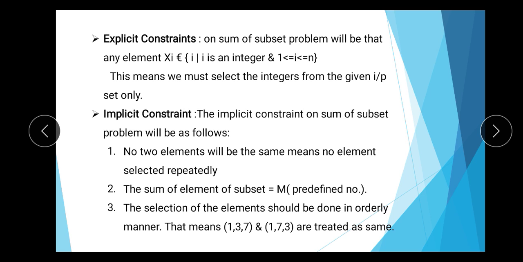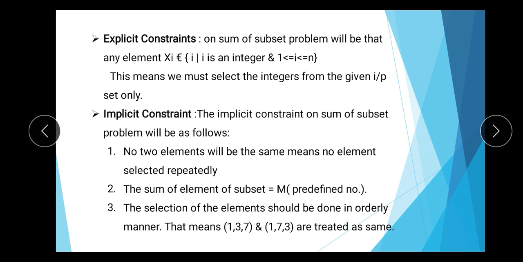Now these are some rules which we have to follow for solving the sum of subset problem. These are called explicit constraints and implicit constraints. First we see what the explicit constraint is for solving the sum of subset problem. The explicit constraint on the sum of subset problem is that any element xi, that is any element from the input set, is an integer such that 1 is less than or equal to i, which is less than or equal to n.